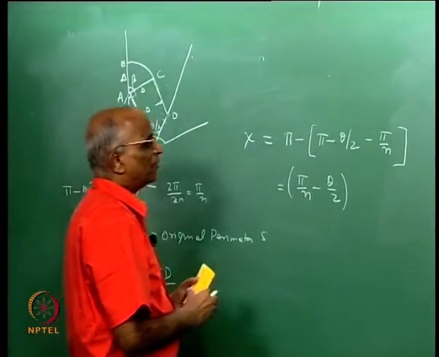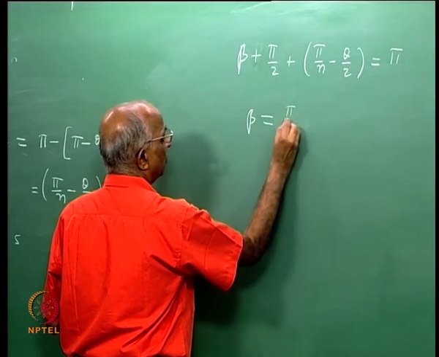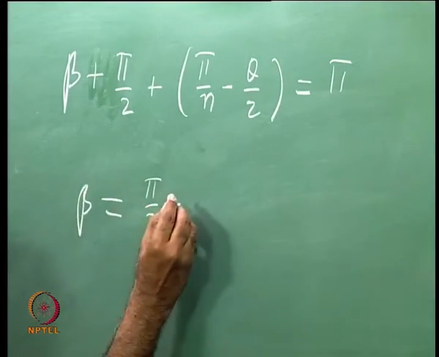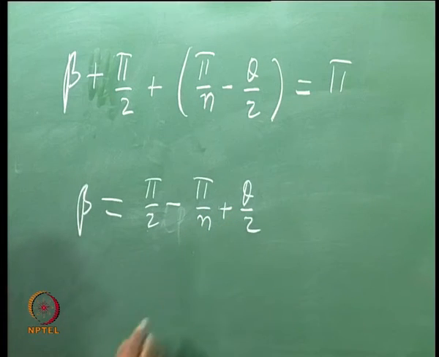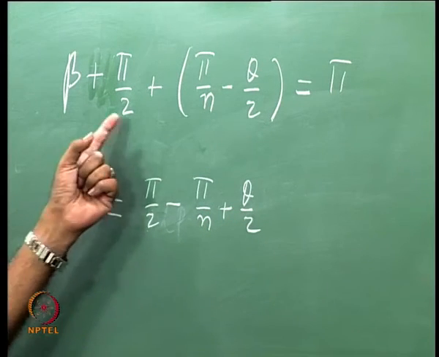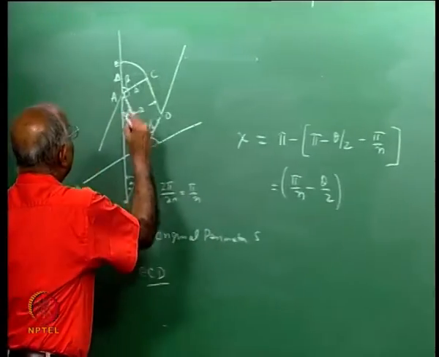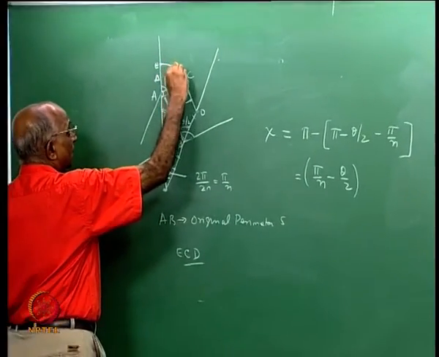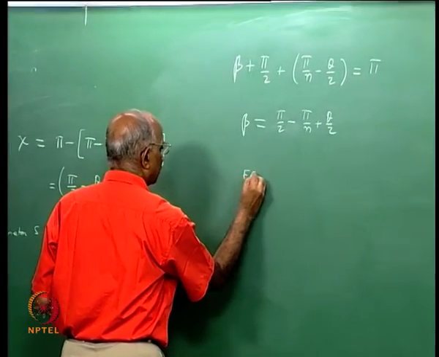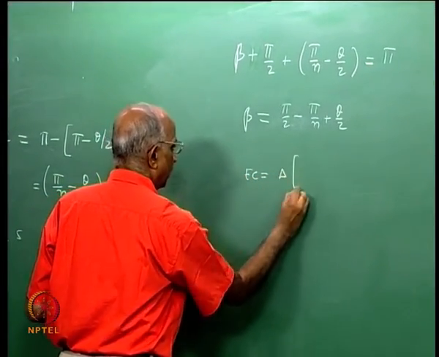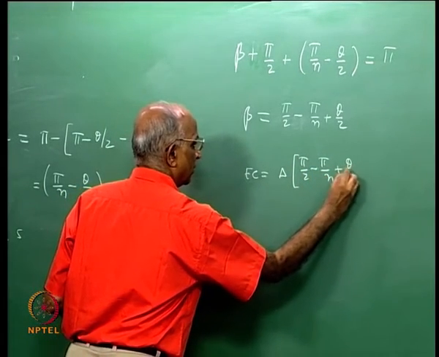Therefore, what is the value of beta from this? Beta is equal to pi by 2 minus pi by n plus theta by 2. Therefore, we have found this angle, and the length of the line EC is equal to delta into pi by 2 minus pi by n plus theta by 2.